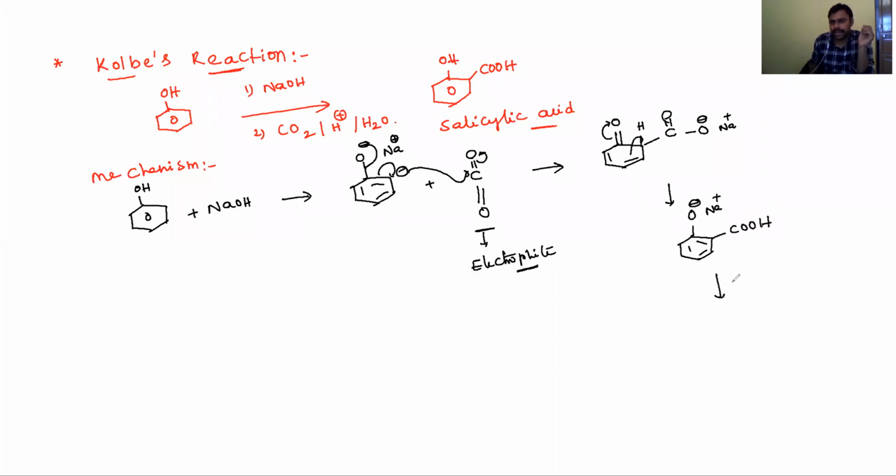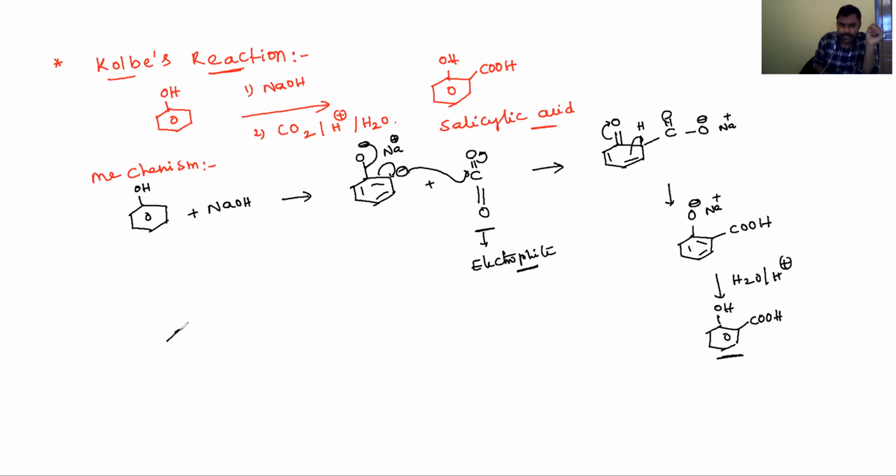On further hydrolysis in acidic medium we get orthohydroxybenzoic acid. Orthohydroxybenzoic acid is known as salicylic acid. This salicylic acid is useful for the preparation of aspirin tablets.